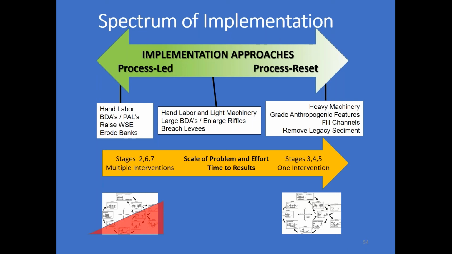Over on the left, a deeply incised situation may take multiple interventions and may not even be possible if it's deeply incised enough. Whereas over on the right, the process reset approach can address these really horrible problems, and you'll see some examples of projects like that. They can do it in one intervention.